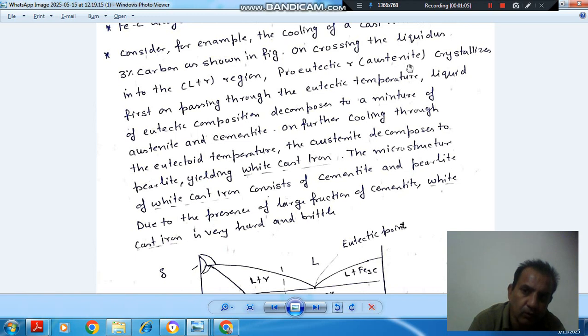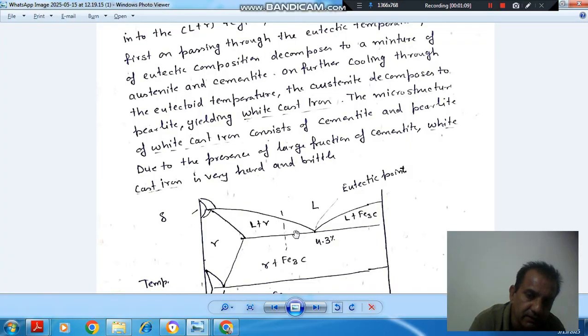Pro-eutectic gamma or austenite crystallizes first. Here, as the percentage of carbon is less than 4.3%, which is your eutectic point, pro-eutectic austenite will solidify first.